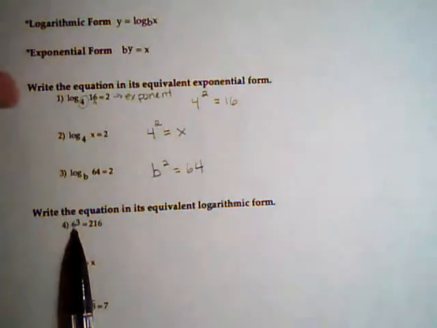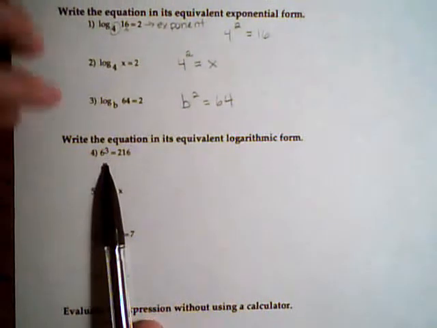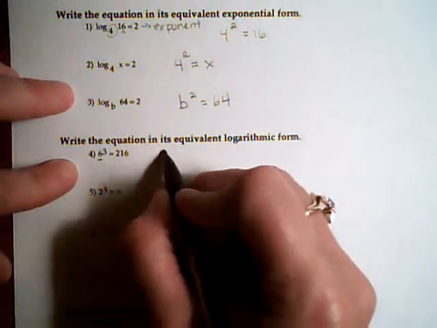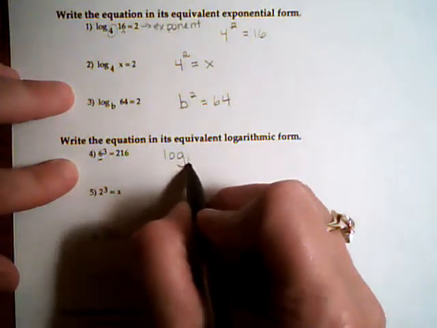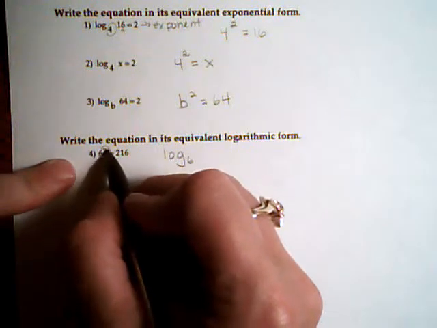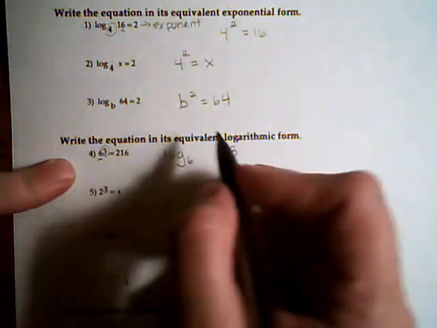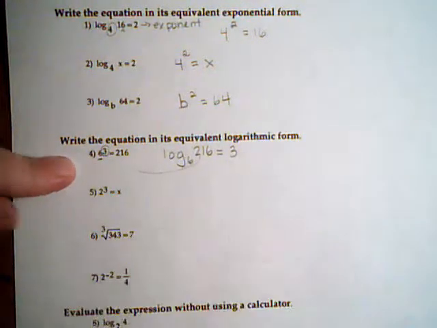So I have 6 to the third power equals 216. This is the base of my exponential, so that will be the base of my logarithmic function. So it will be log base 6. Remember, we said the exponent is always what it's equal to. So it's log base 6 of 216, that's my argument, equals 3.